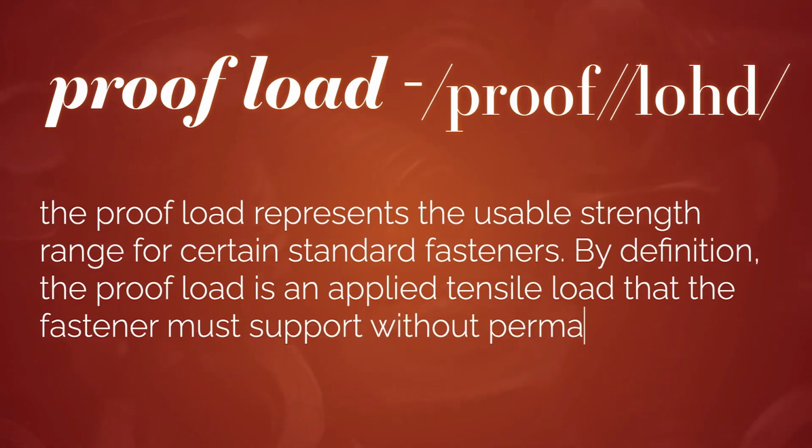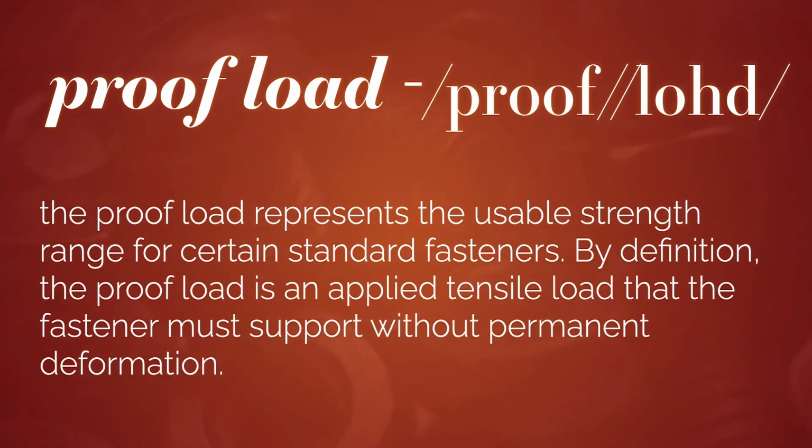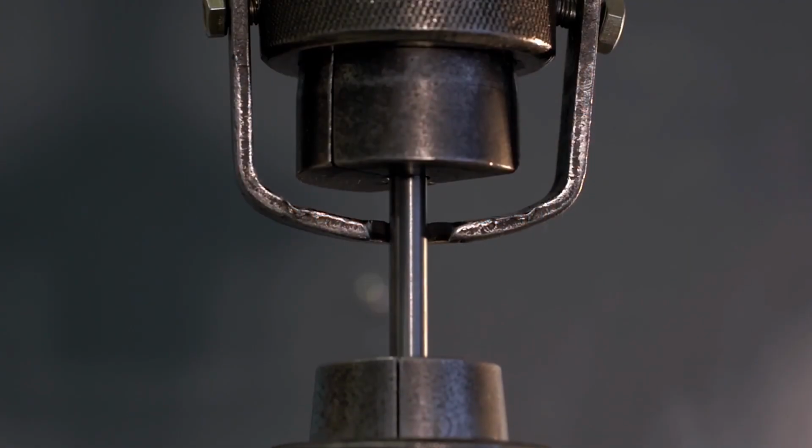And so it will give us a certain amount of PSI that we are going to be able to stretch that fastener without it being permanently deformed. And so in this example here, you can see that we have not necessarily a threaded fastener, but this rod will represent that in what we're trying to convey.